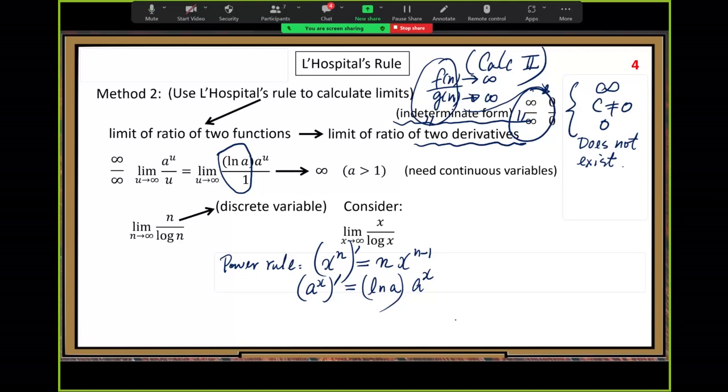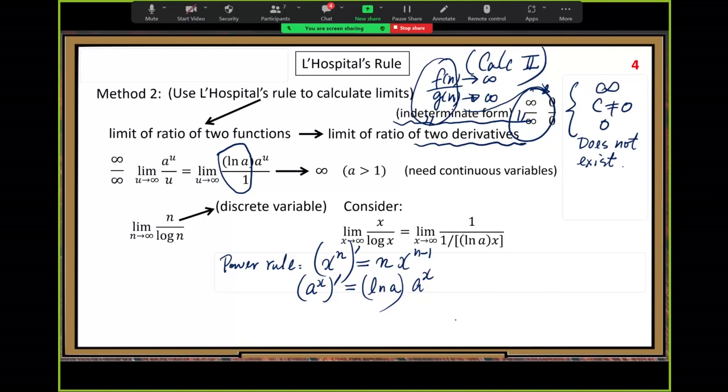Not discrete values as n, 1, 2, 3. Any value between can be taken here. So that's the continuous version. And for the continuous version, then we can take derivative. It's legal to take derivatives for functions with continuous variables.